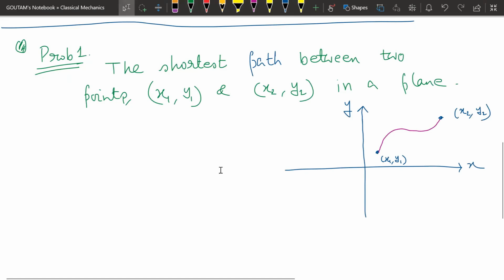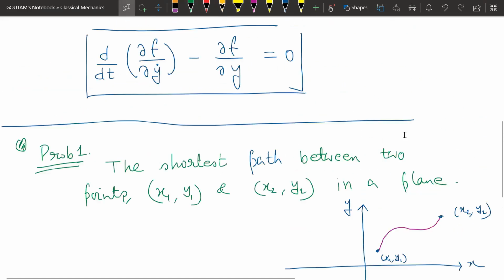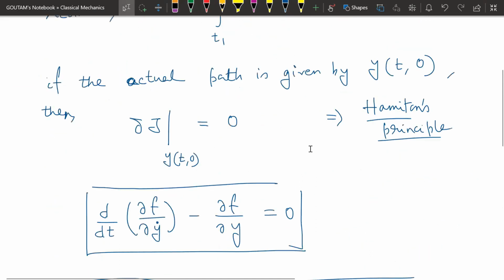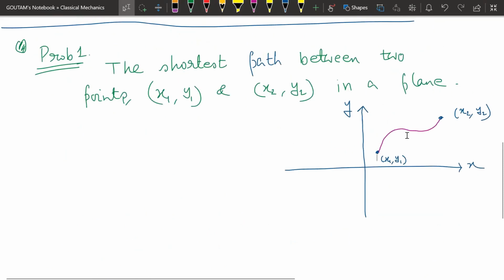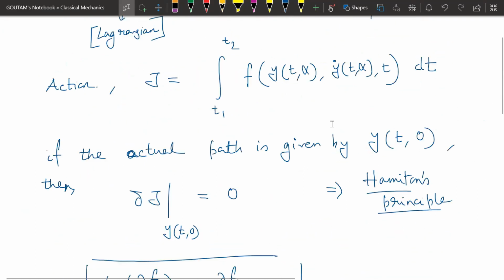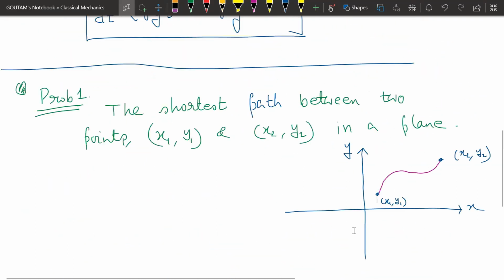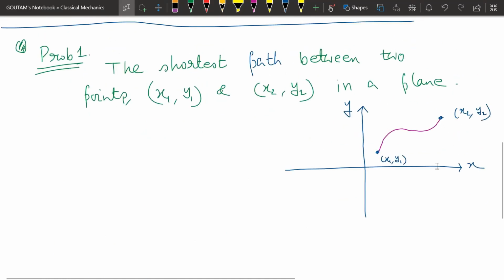So let's see how Hamilton's principle, the calculus of variations, gives the answer. We will use the calculus of variations to derive that the shortest distance will be a straight line. The distance is defined by ds, the infinitesimal distance between two very little separated points.